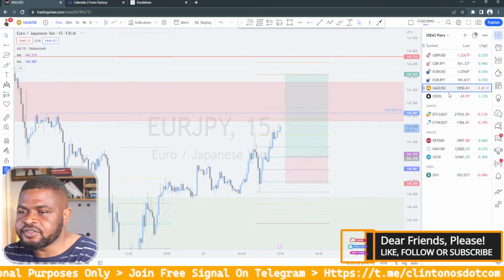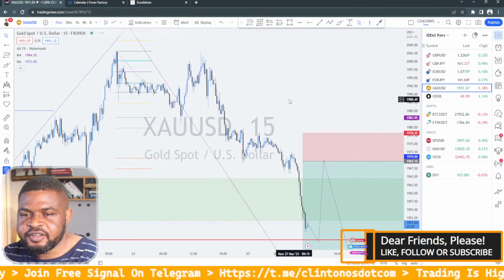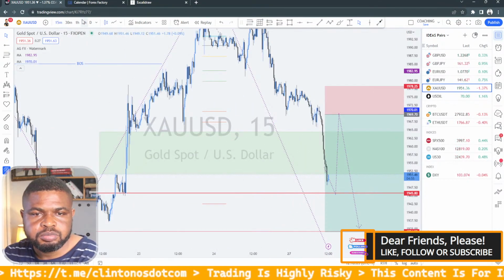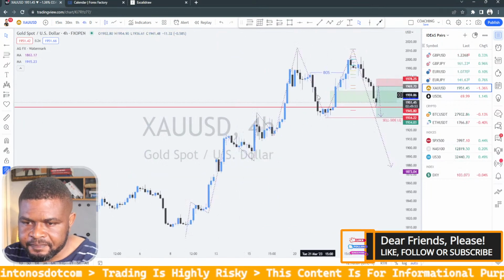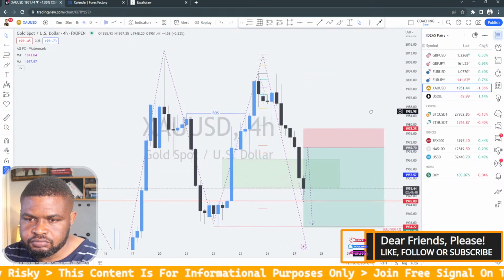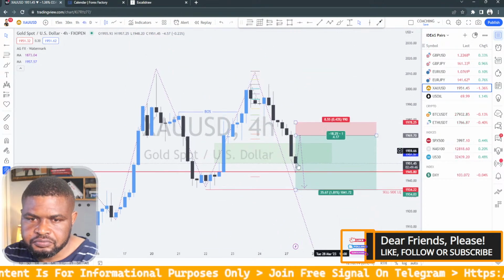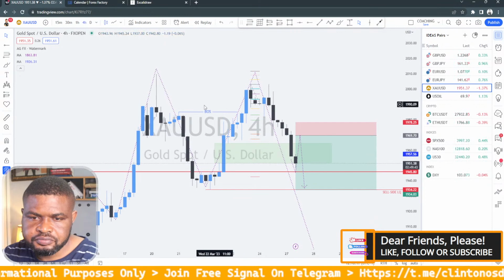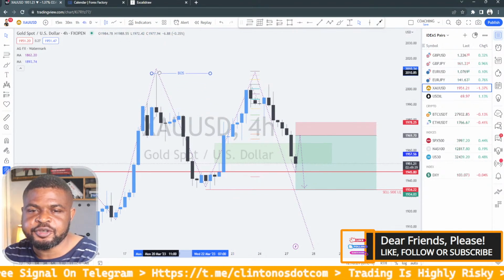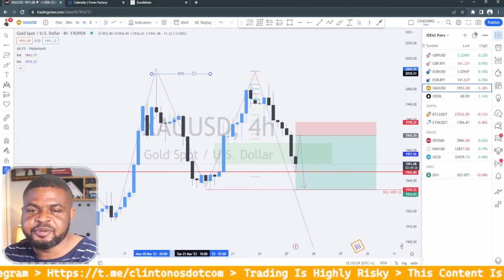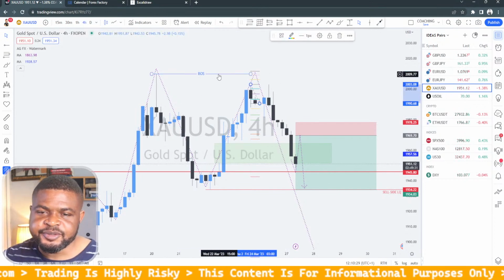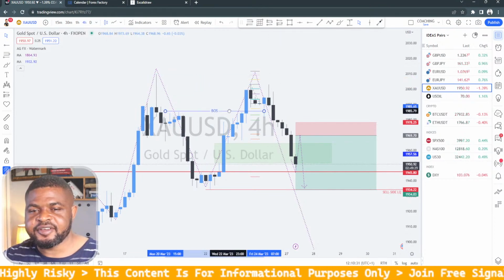Yeah, bro, I'm still interested in the setup for gold. It's not even right to say this is a break of structure. Break of structure should be somewhere here, except you want to do internal break of structure.